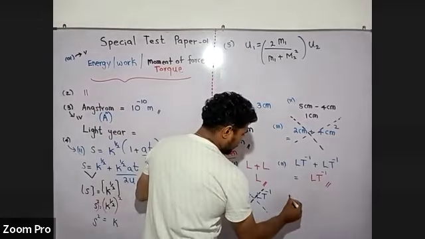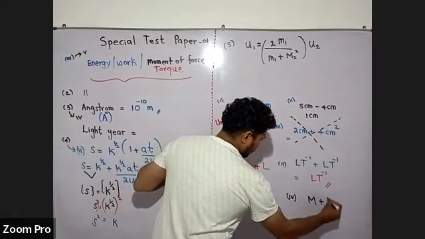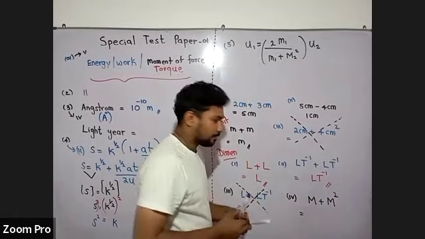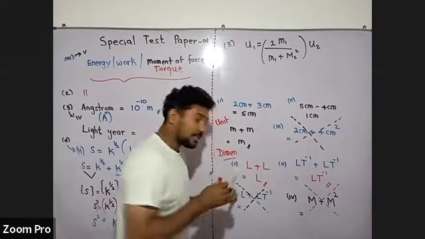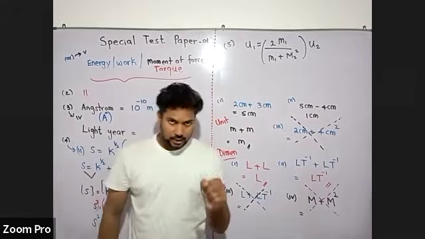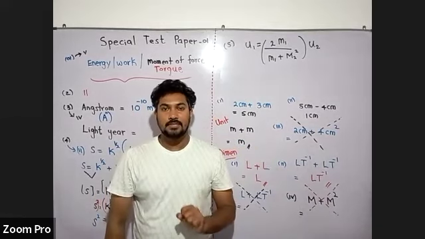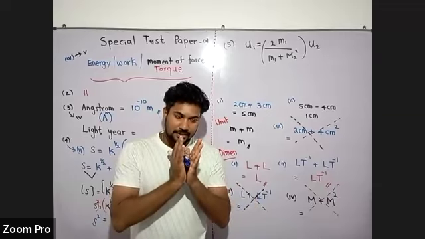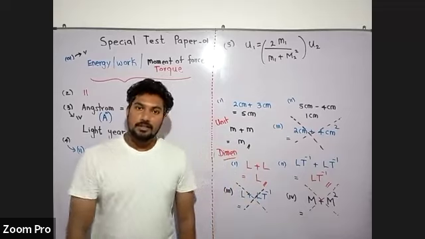Then likewise, take this one. Can we make this addition? No, right? So this is also an incorrect one. Therefore, if there's an addition, both units, or the dimensions of each term, should be in the same pattern, right?